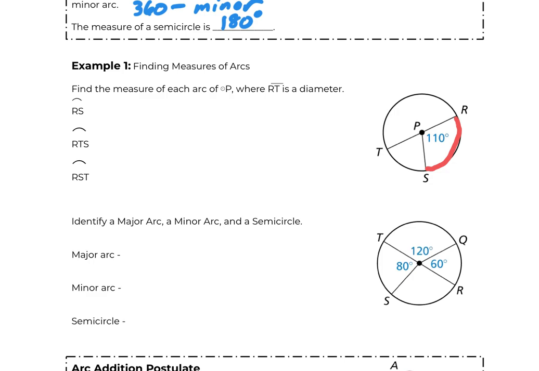You might say, well, which way do I go? Well, if I went from R to S this way, that would be bigger than 180, right? That'd be bigger than a half circle. So I got to go the short path, R to S. R to S is also the same as the angle on the inside of it. So 110 is my central angle, so RS is also 110.